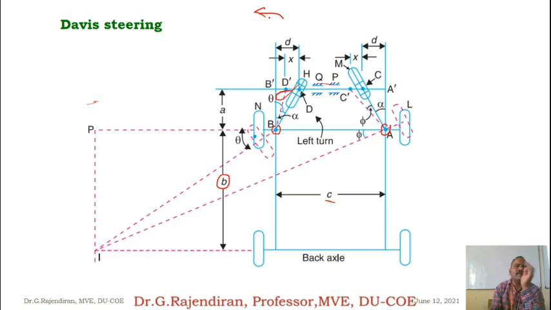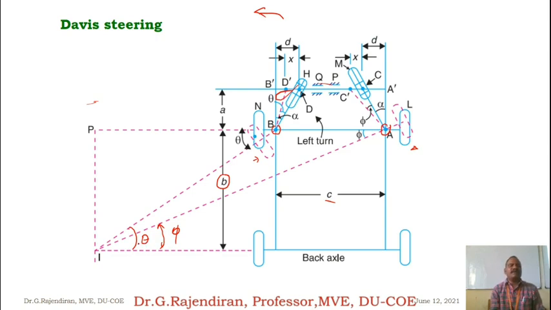The vehicle is taking a turn. Now the wheel position is shown in the dotted line here. One is for the inner wheel, this is for the outer wheel. The inner wheel is making an angle of theta, for simplicity, and the outer wheel is making an angle of phi.